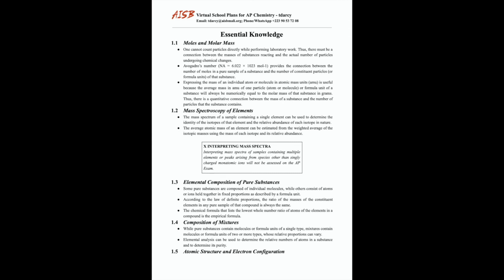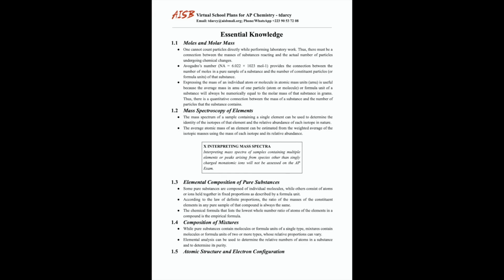Thus, there must be a connection between the masses of substances reacting and the actual number of particles undergoing chemical change. So, you'll read through this and you'll see that you have actually learned a lot of this already.